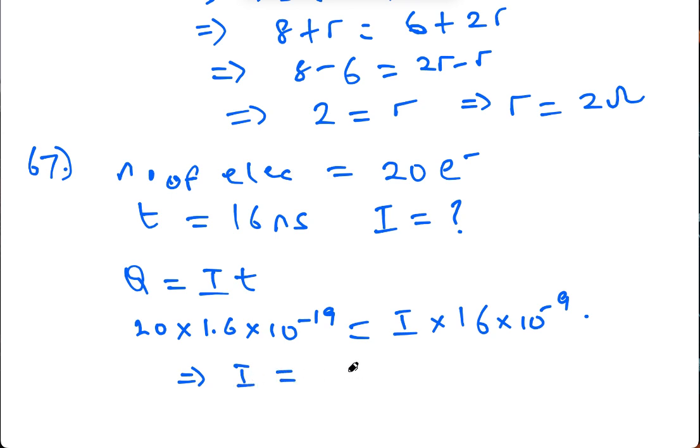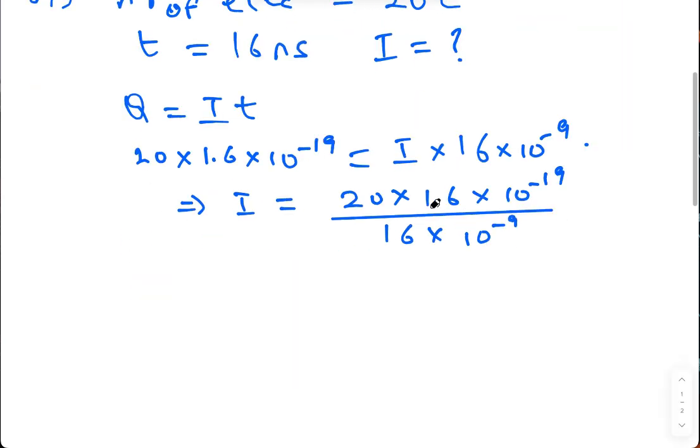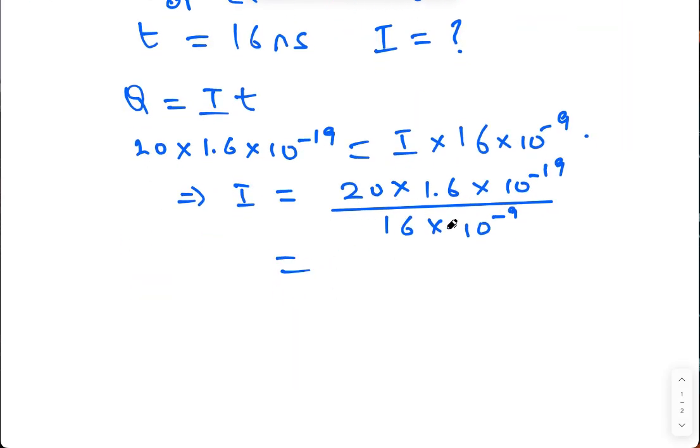So this implies that I equals 20 times 1.6 times 10 to the negative 19 divided by 16 times 10 to the negative 9. If we reduce this properly, we will have 2 times 10 raised to the power negative 10 ampere.